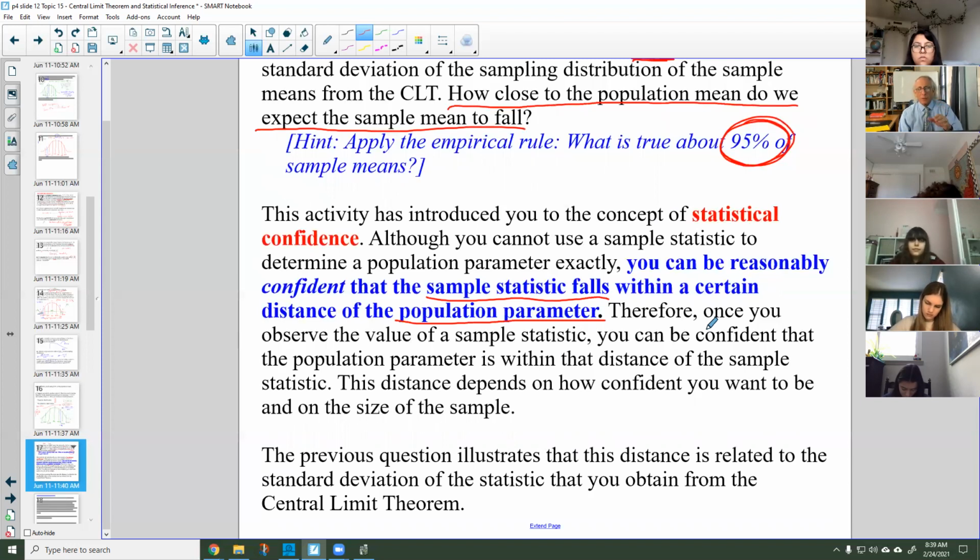You know, I really don't like the way this is said. And we're going to learn more about confidence intervals in the next section.